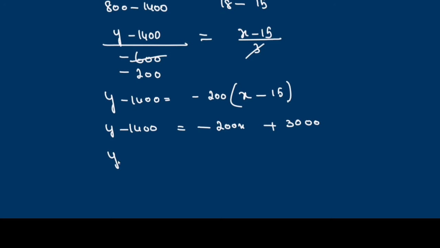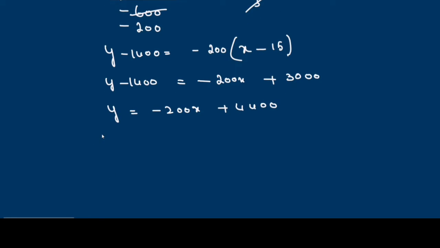So y is equal to minus 200x plus, bringing this here, 3000 plus 1400 is 4400. So this is the relation we got: minus 200x plus 4400. We have taken y as the distance and x as the time.